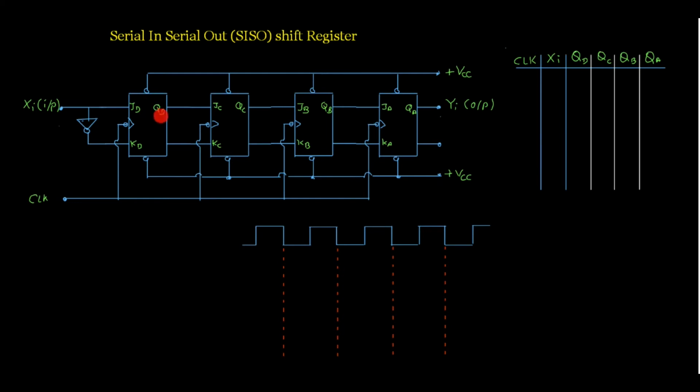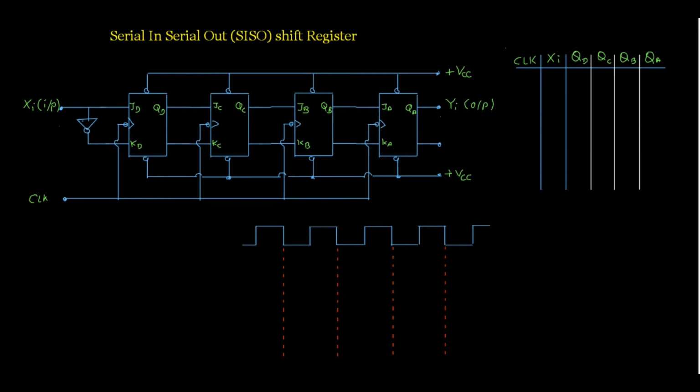It means the output of flip-flop D is connected to the input of flip-flop C, the output of flip-flop C is connected to the input of flip-flop B, and the output of flip-flop B is connected to the input of flip-flop A. The output of flip-flop A is my serial out, and my serial input data is given to the D flip-flop. Here you can see all the flip-flops are JK flip-flops.